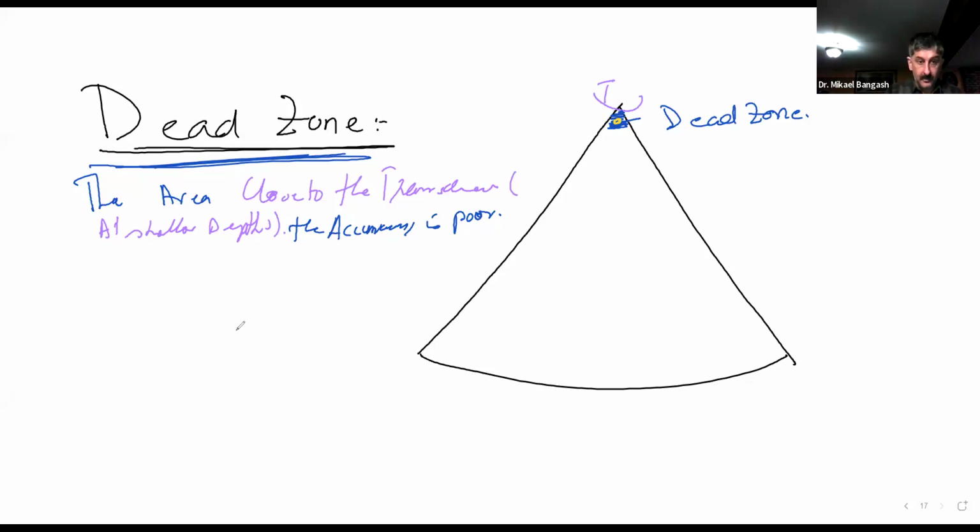What we mainly do to see the structure here is cause the dead zone to be outside the image.